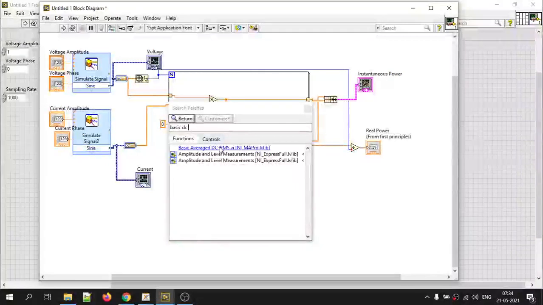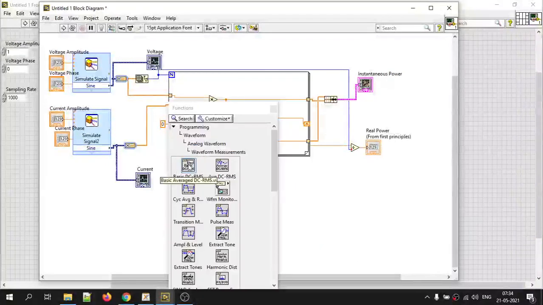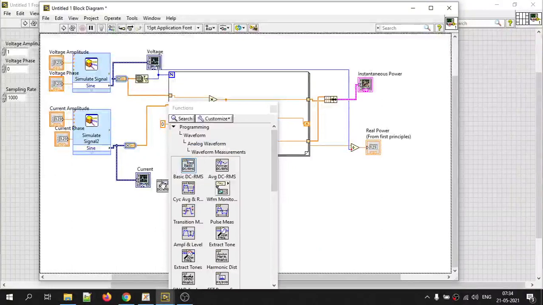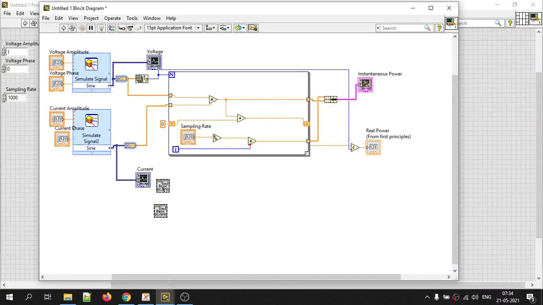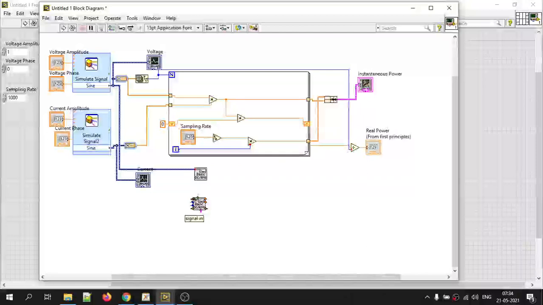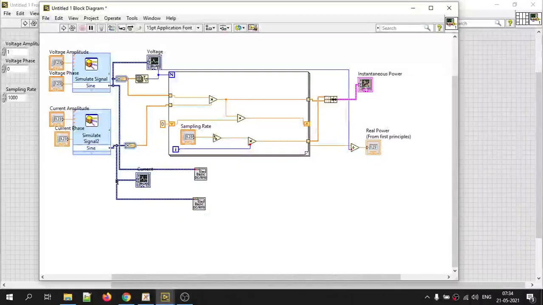Okay, Basic Averaged DC RMS, you select this block and place it here. We require two blocks, one for voltage and another for current. Once you have placed it, connect one of the signals to voltage and the other to current.